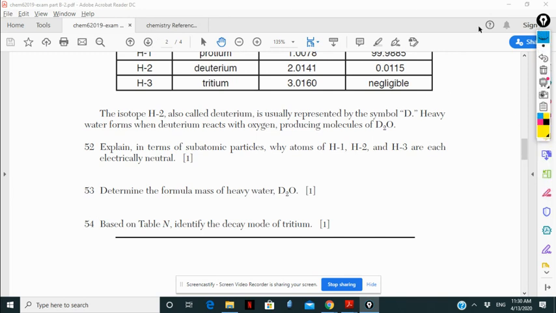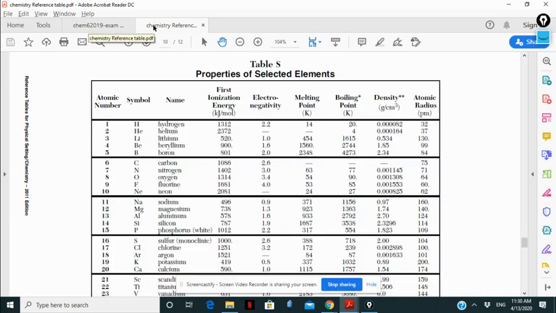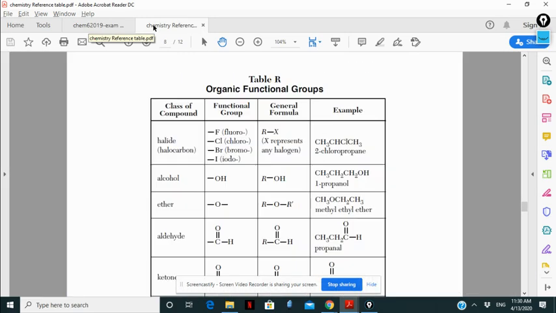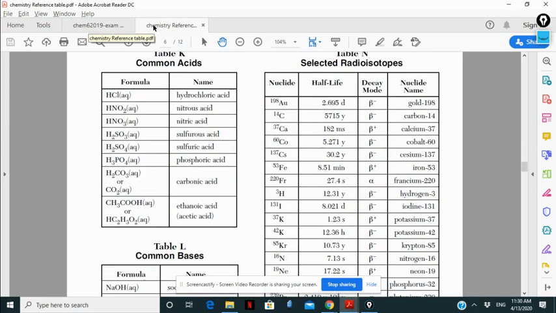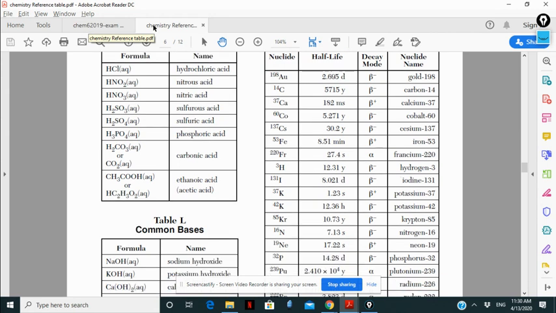Okay, from Table N, identify tritium. So I'm going first here, Table N. I'm looking for tritium.